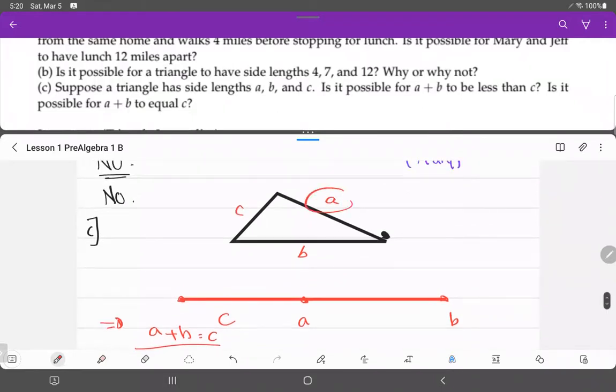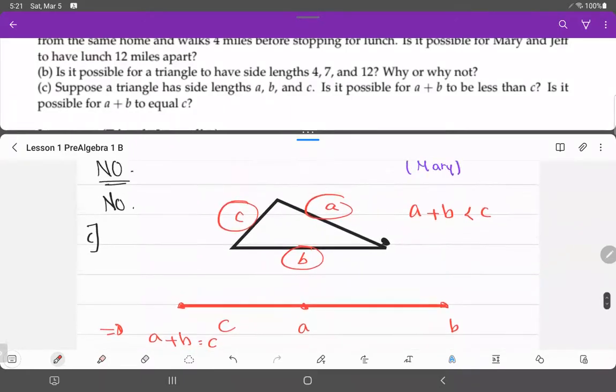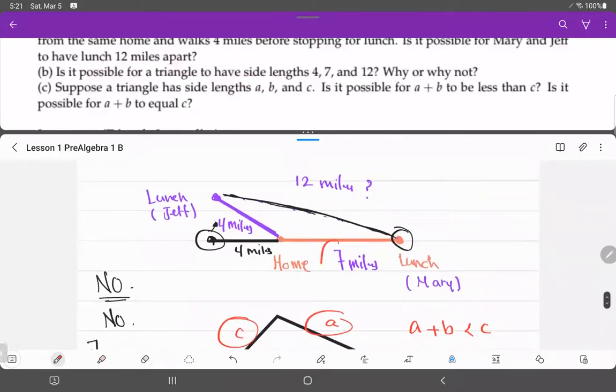So you have a summation of two sides. The third one cannot be greater than it, as we had for 4, 7, 12. It should be less than them. So A plus B should be greater than C. You remember before we had 4 and 7.